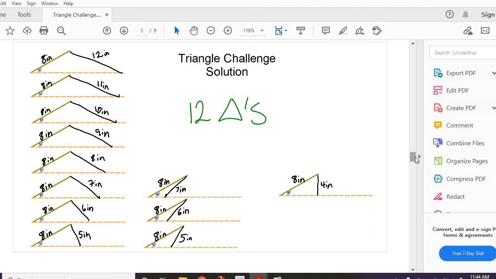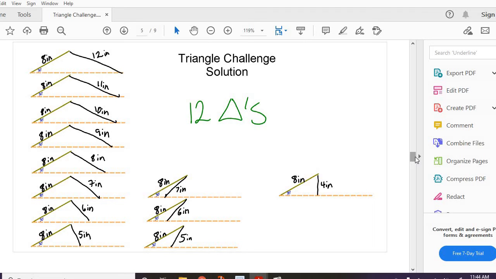Now when we get back to 4, it again is just going to create 1, because if we try to angle it in, it's not long enough to create a second triangle. Does that kind of make sense? Now, what do we notice about our sides that created 2 triangles?